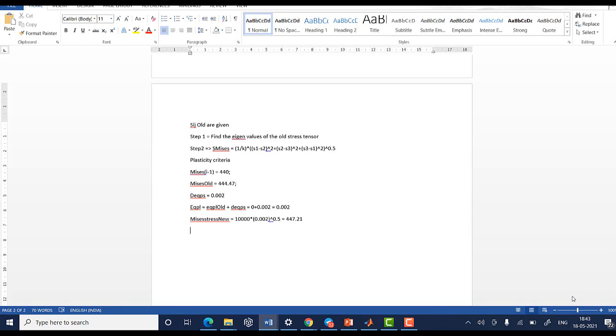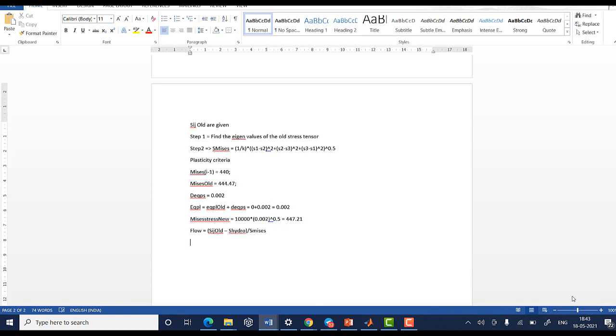Now I have to update the stress. In order to do that, I'll have to find a parameter called flow. Flow will be the deviatoric stress, Sij minus S hydro, divided by S Mises. We don't have the new values of stresses, so it is always the old.